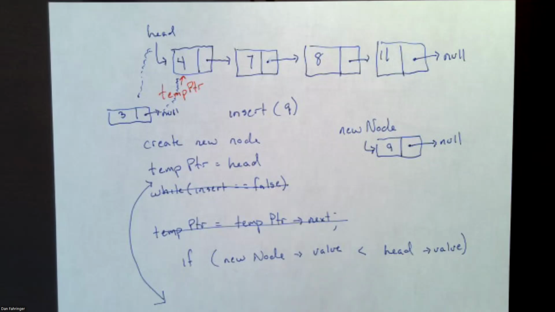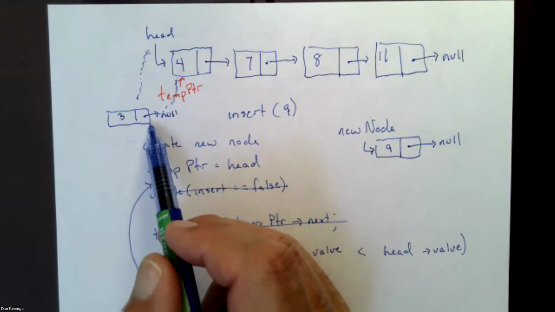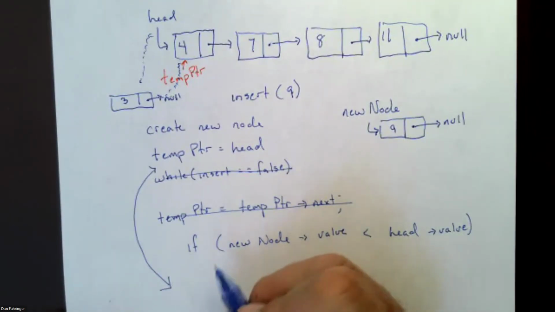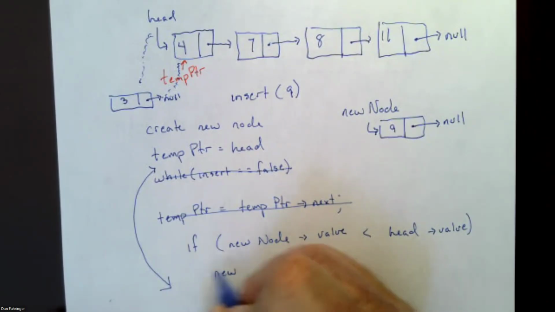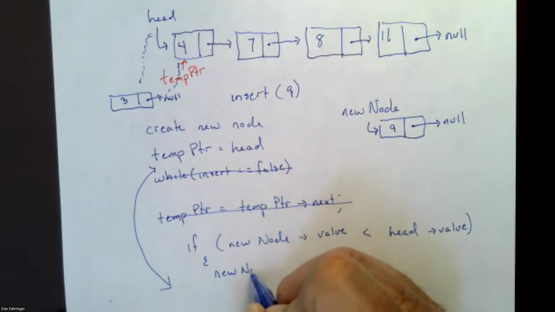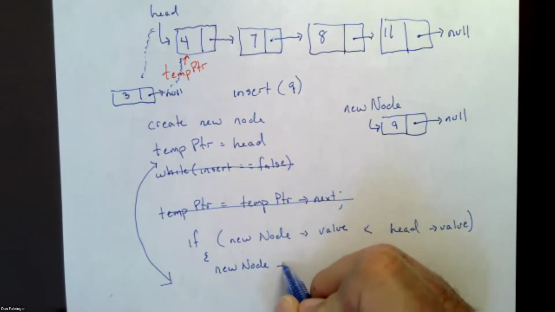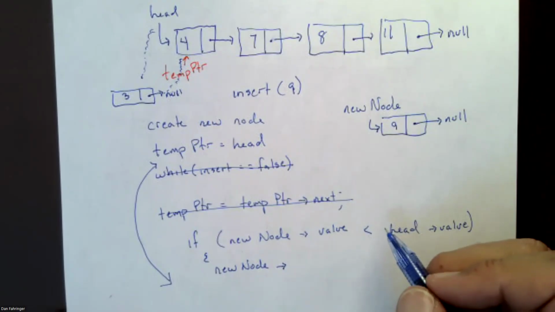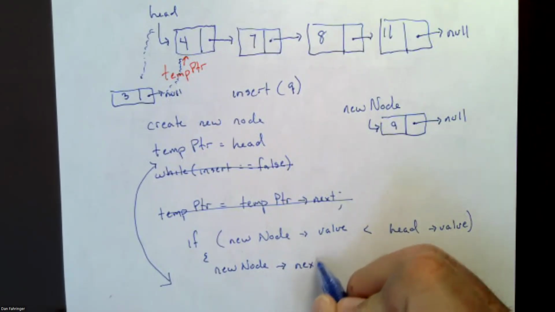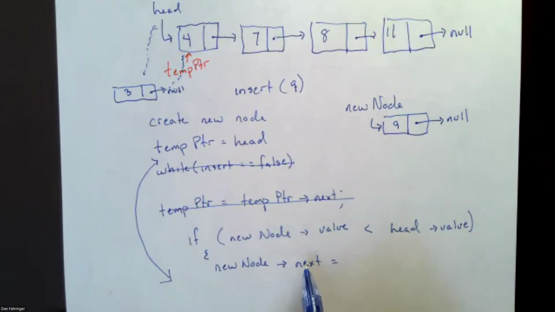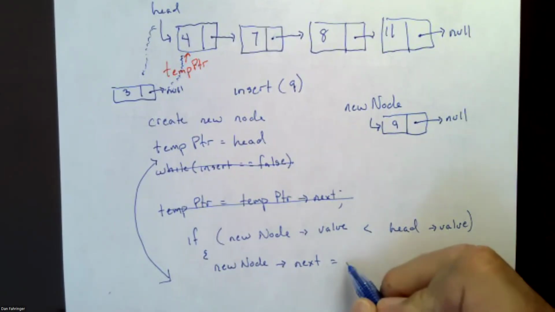Make a new node. No? We're all close. I need something along the lines of new node next gets the address of, because this holds an address, gets the address of head.